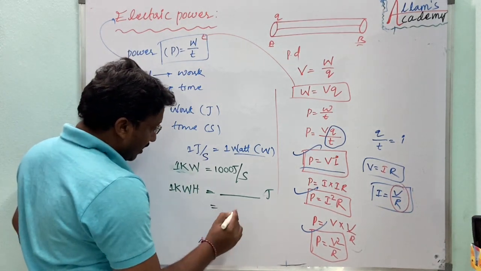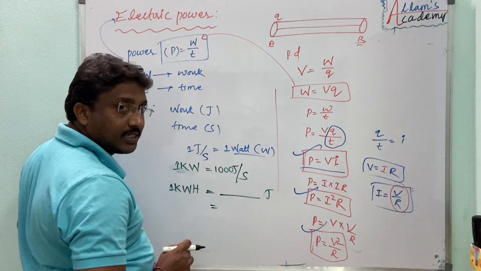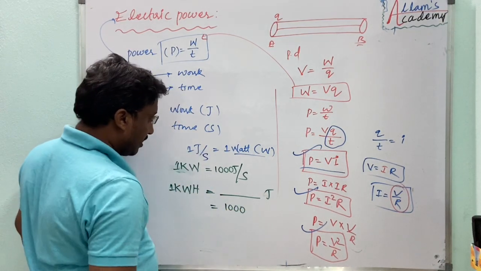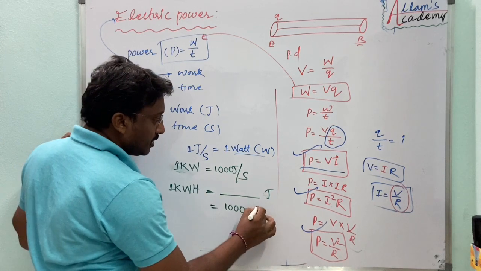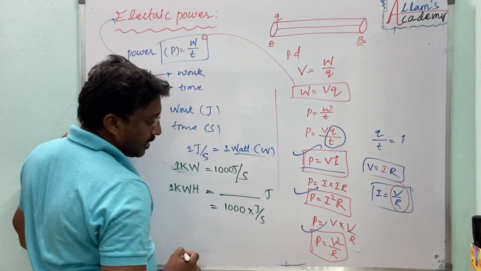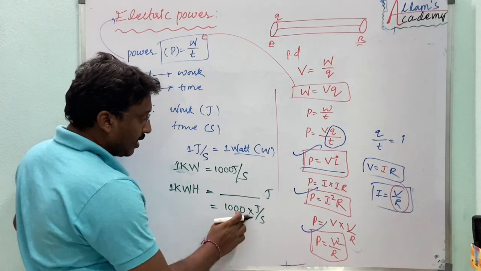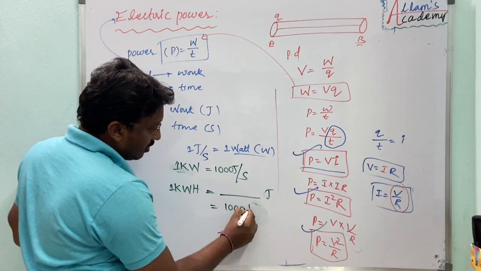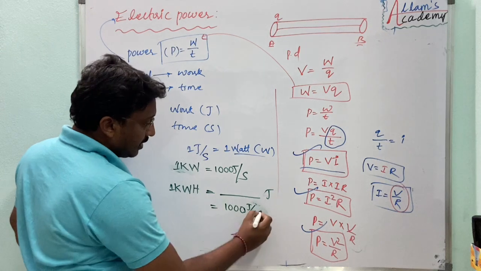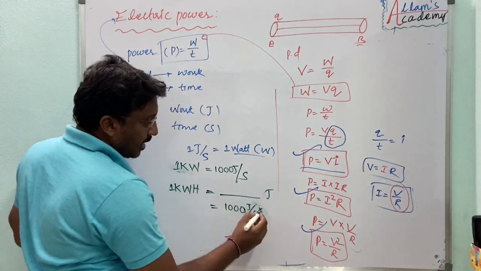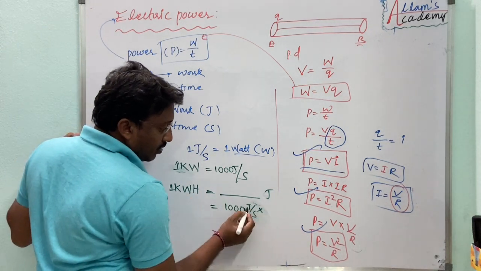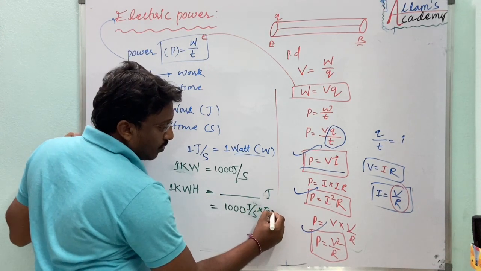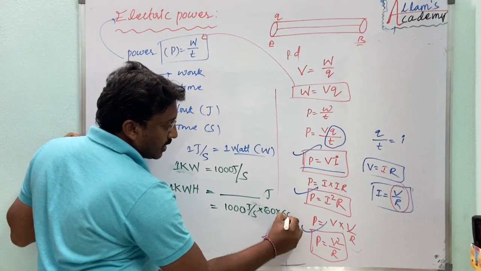So here we are going to convert. Kilo means 1000, watt means joule per second, so 1000 joules per second into hour. We have to convert hours into seconds. So 60 into 60 seconds.